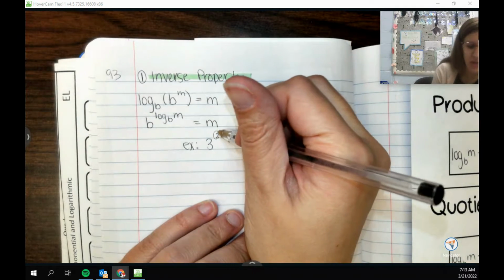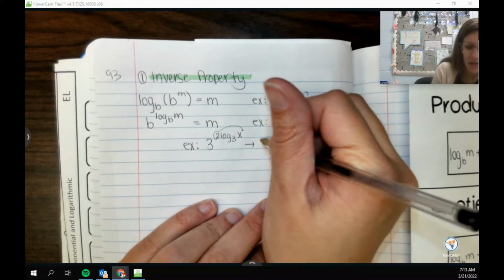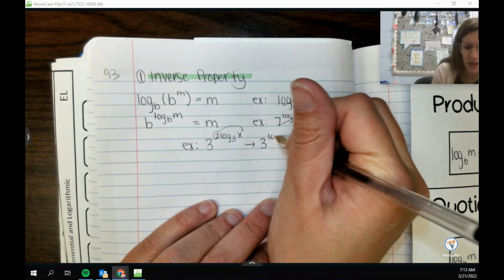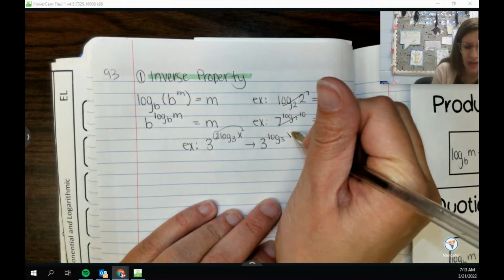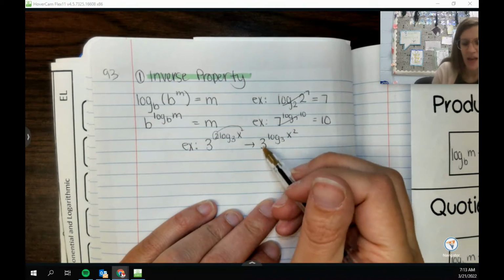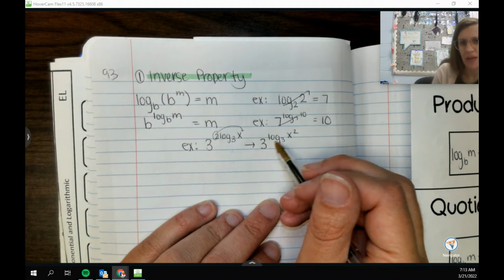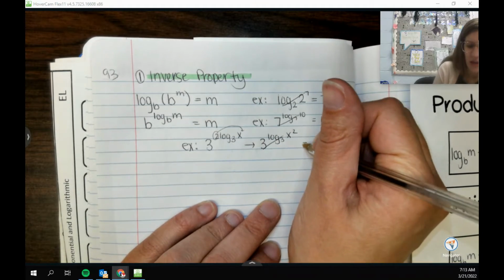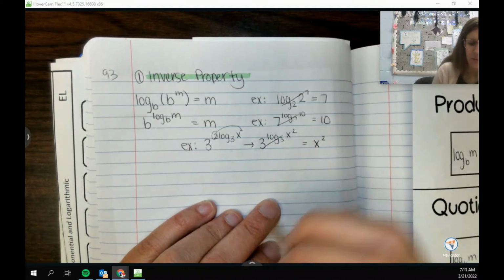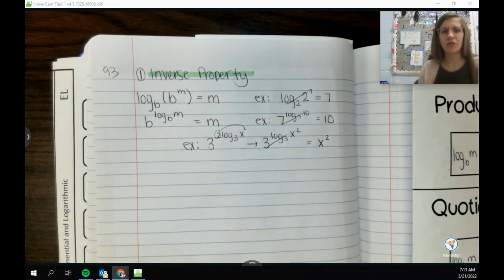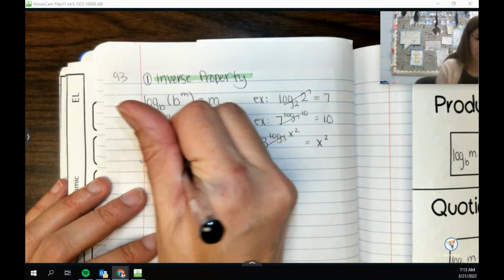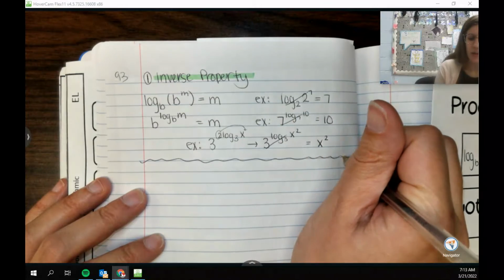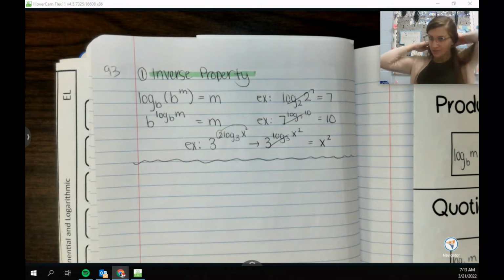I have to take my 2 and boop it back. So we're looking at 3 to the log base 3 of x squared. And then my base and my log base are right up next to each other, so they go away, and you're just left with x squared. So somewhat of a trickier one, but hopefully not too bad. We're just looking for those matchers.